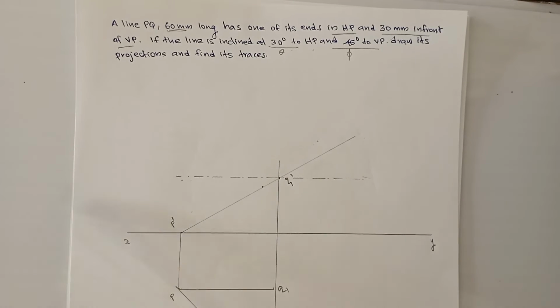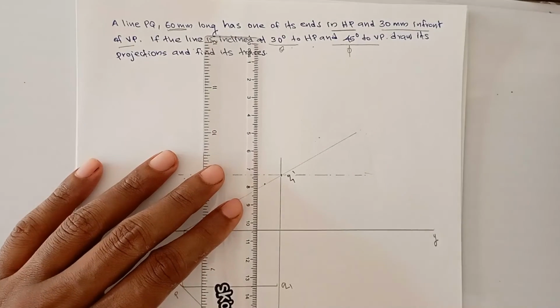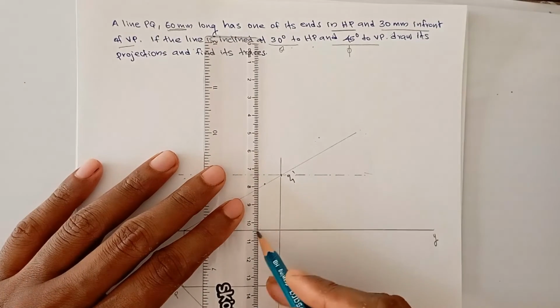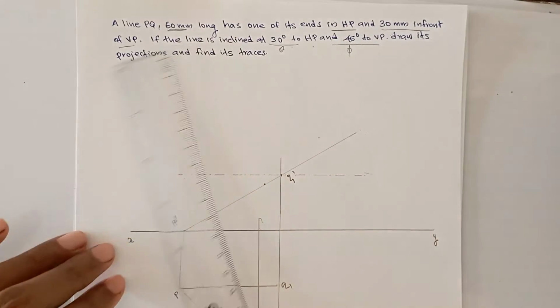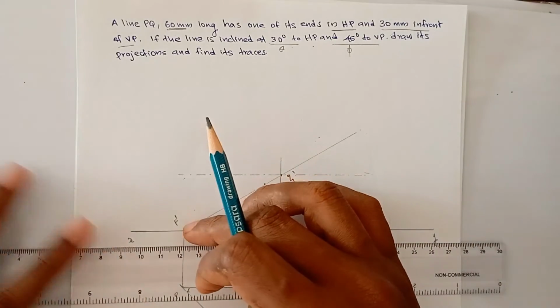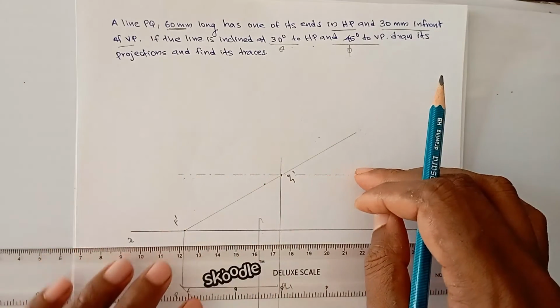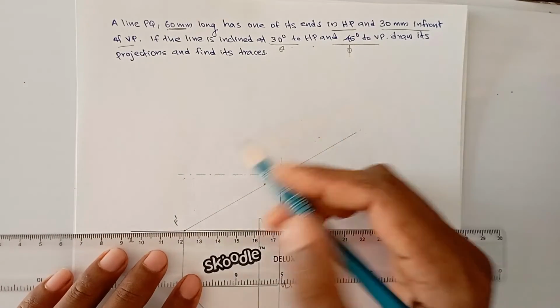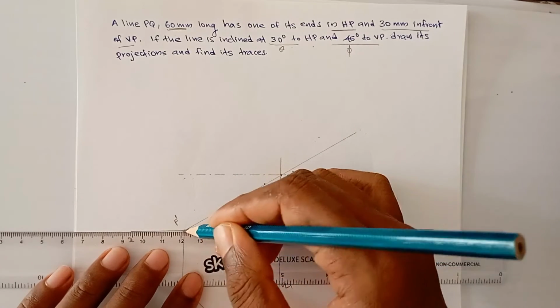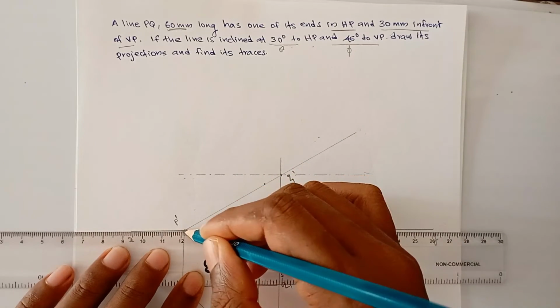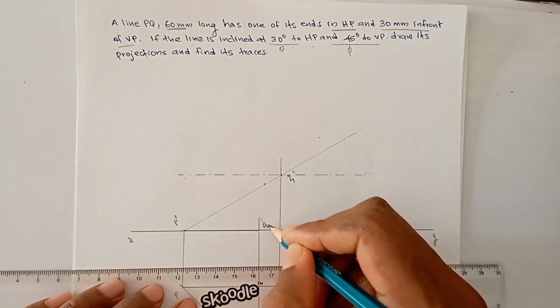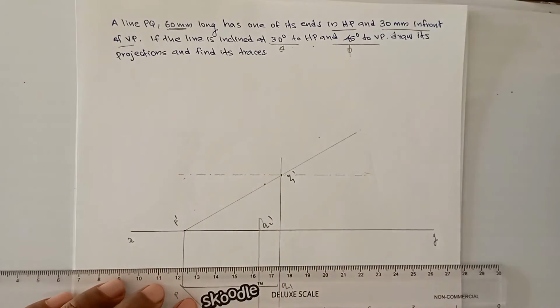Its front view will be in between the projection line, right? This is the projection line. So what about the front view? One of the line's ends is lying in the HP itself. So its front view is in the HP itself. Okay, this is its front view. This is Q2 dash. This is Q2.